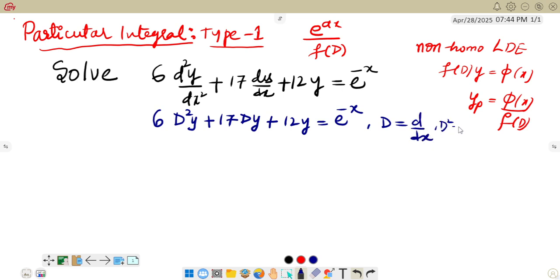Similarly, D square means d square by dx square.